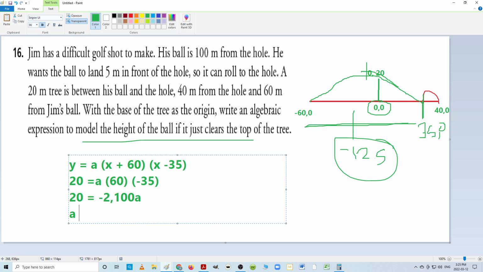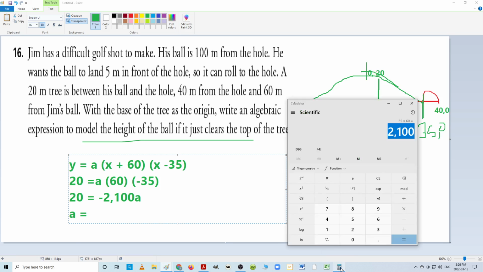So I'm just going to try it once. Well, I wonder if I could do it another way. Yeah, that would take a while. I'm going to just keep doing it this way. So A would be that. I don't think I got it right, by the way, but 20 divided by 2100 negative. So it's saying A is that.